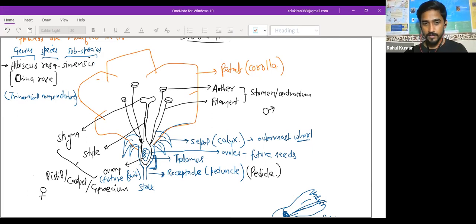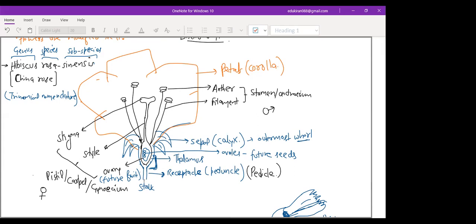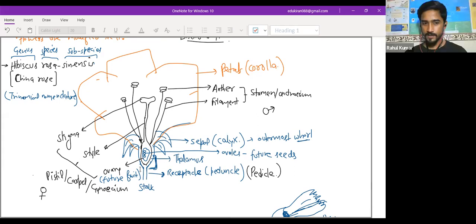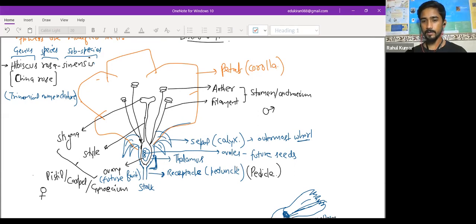In this region, which is the base of the flower, it's not only ovary, because ovary has ovules inside, which become the future seeds. Ovary becomes the future fruit. But we also have thalamus here, just outer to the ovary, surrounding the ovary. Everyone can see that? Yes, sir. And below the ovary, just at the junction here, we have receptacle, a tissue called pedicel or peduncle. So these are different types of tissues which are around the ovary.